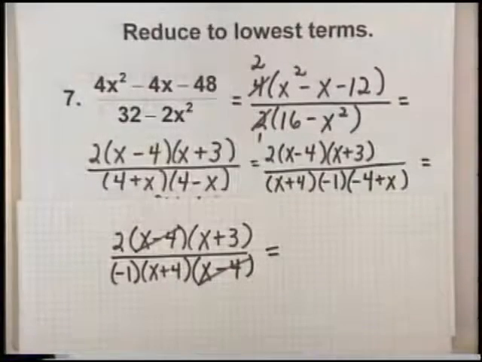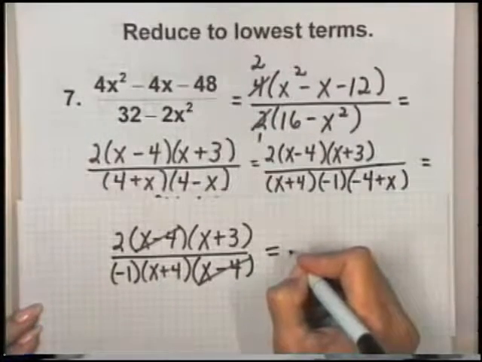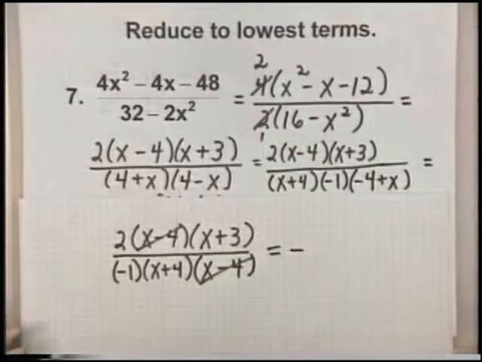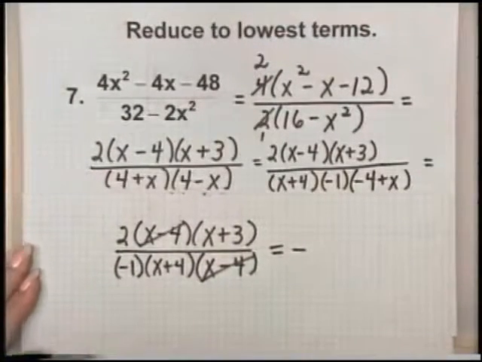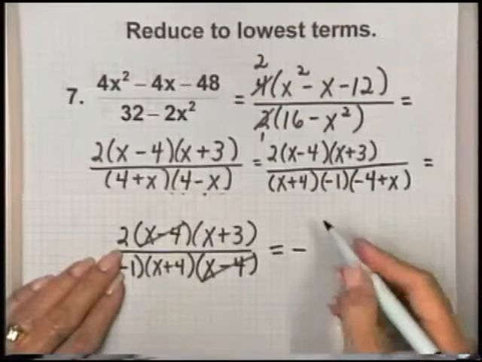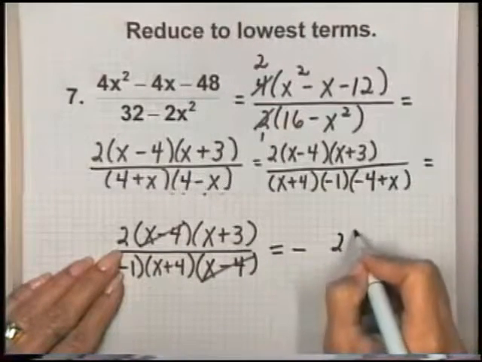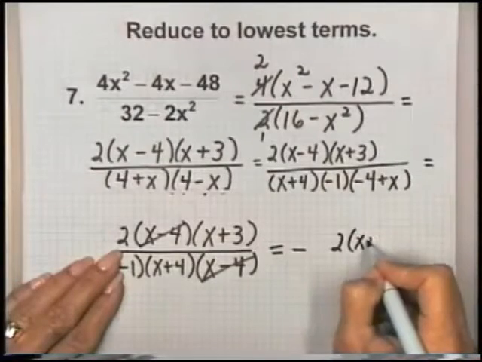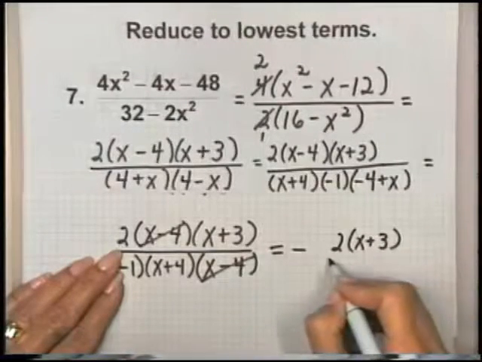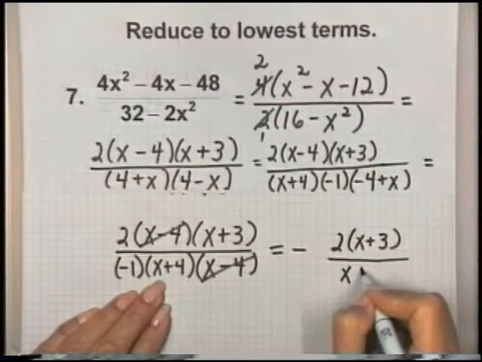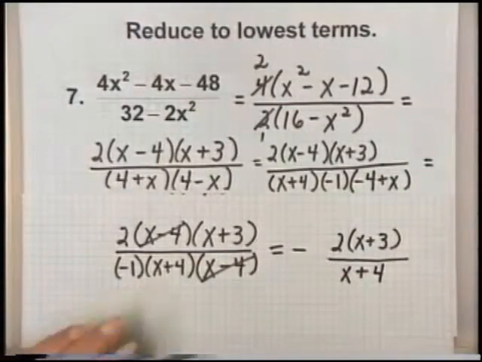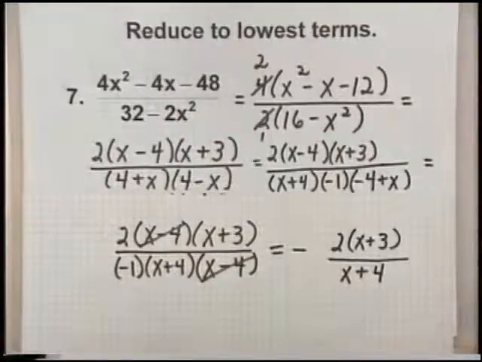Of course, I could write that negative a lot of different ways, but usually the most common thing is to bring the negative out in front of the fraction. So I'm going to write the negative out in front of the fraction. Then let's write the factor 2 and the factor x plus 3 in the numerator. And then in the denominator, let's write the x plus 4.